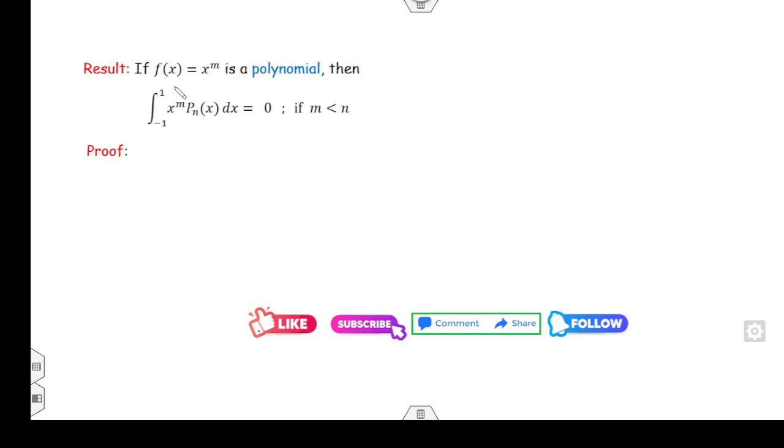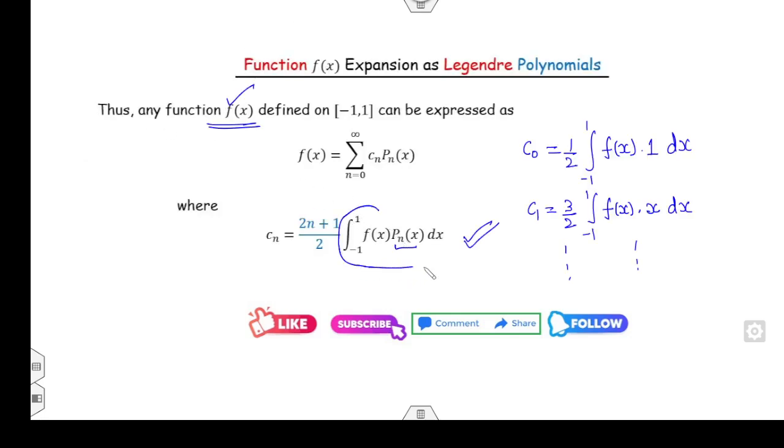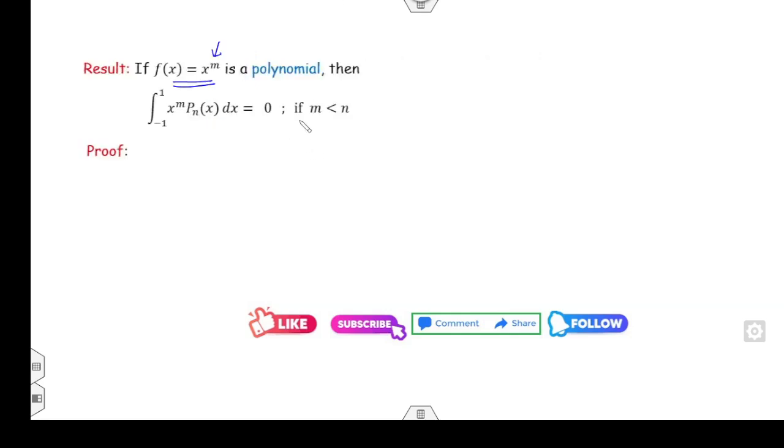Another very, very important result is, if f(x) is my special case called a polynomial of degree m, then when you integrate from -1 to 1, that will be 0 whenever m is less than n.